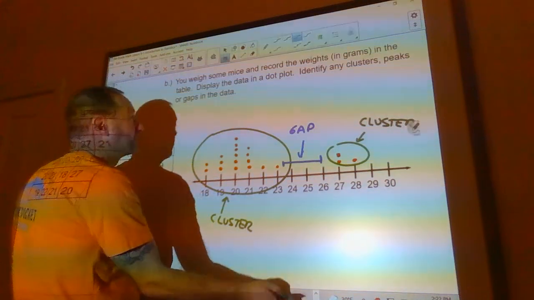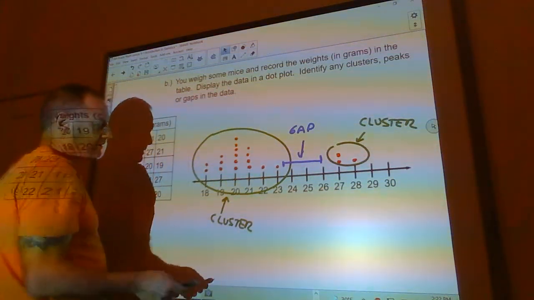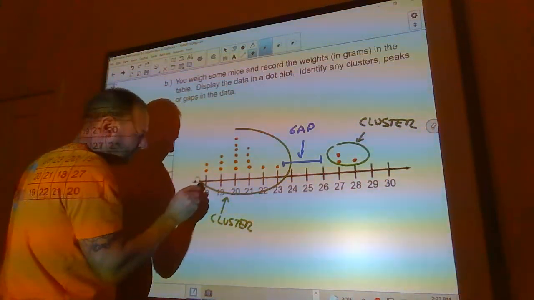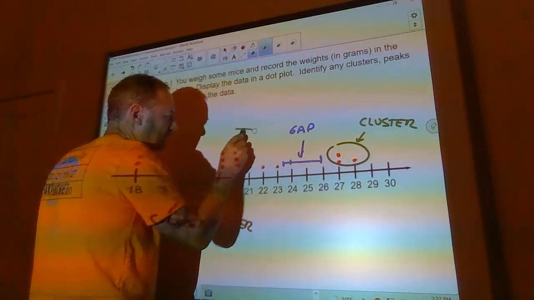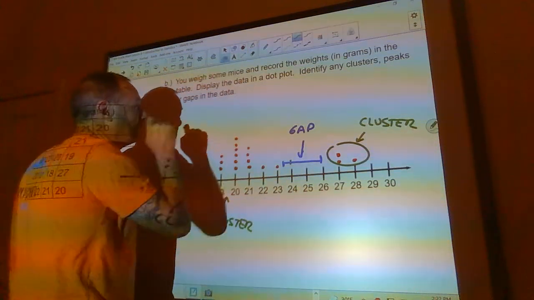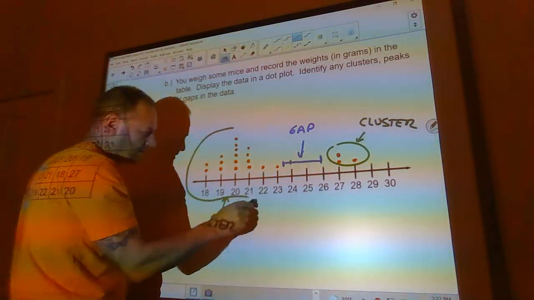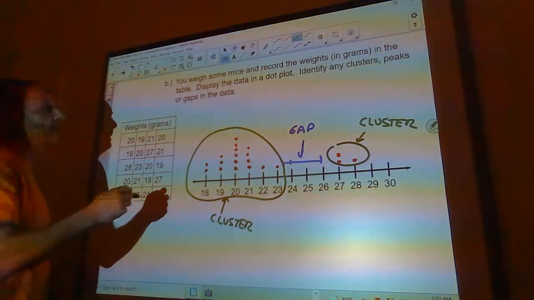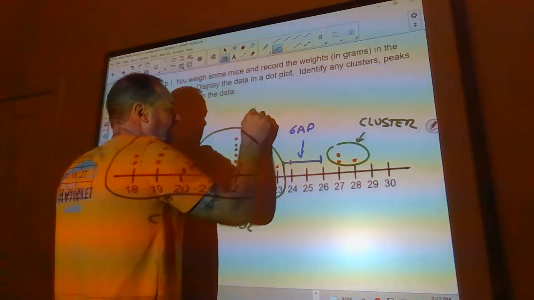Let's kind of move this. Let's get this dot, or this right here. No, that's too big. I don't want this to go through my numbers like that. I want to be able to see it a little bit better. Okay, there we go. I've got a peak. Okay, I've got a peak right here.